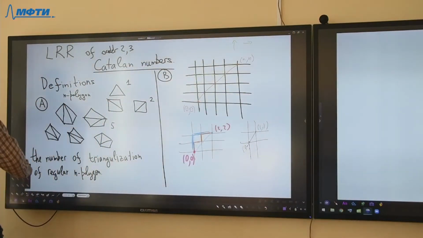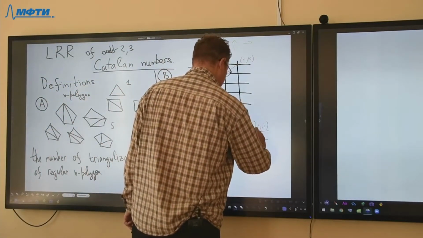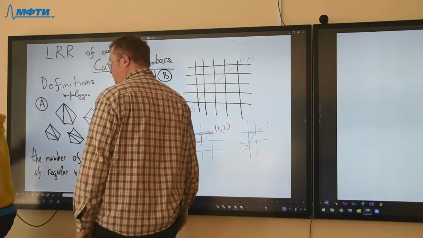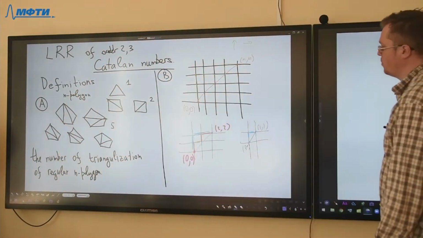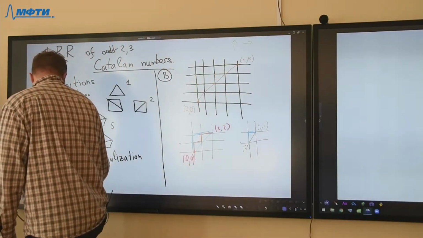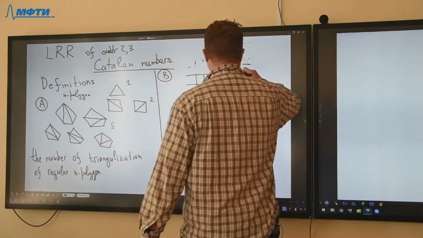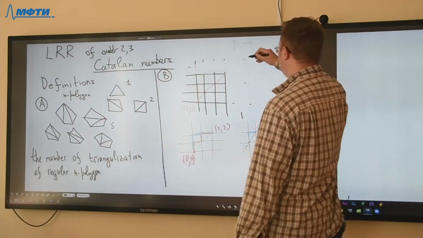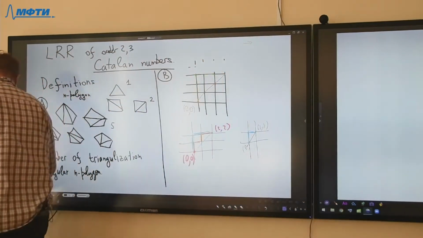And if I delete the additional row from this picture, I'll show you that there are exactly 5 different ways of doing this.